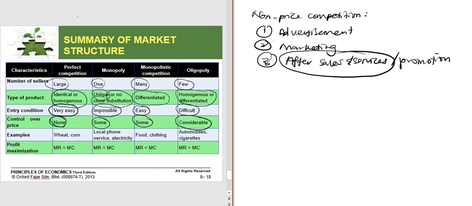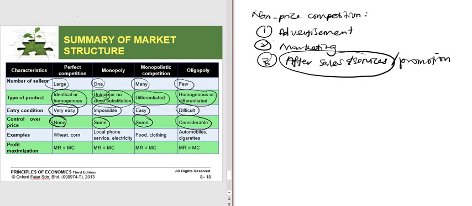In oligopoly, you have some control over the price, but usually when you want to change the price, you will look at what your rivals will do. If your rivals change their price, then there is a tendency for you to change your price as well. So these are examples of firms or sectors in each of the market structures.